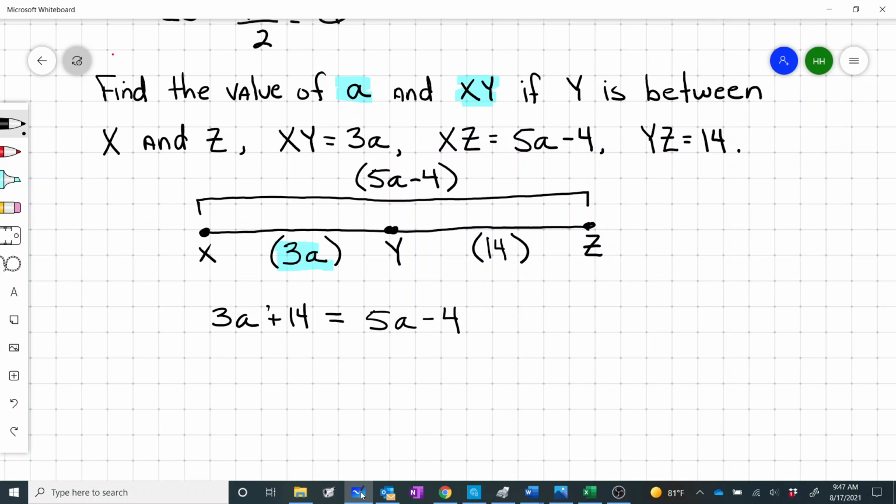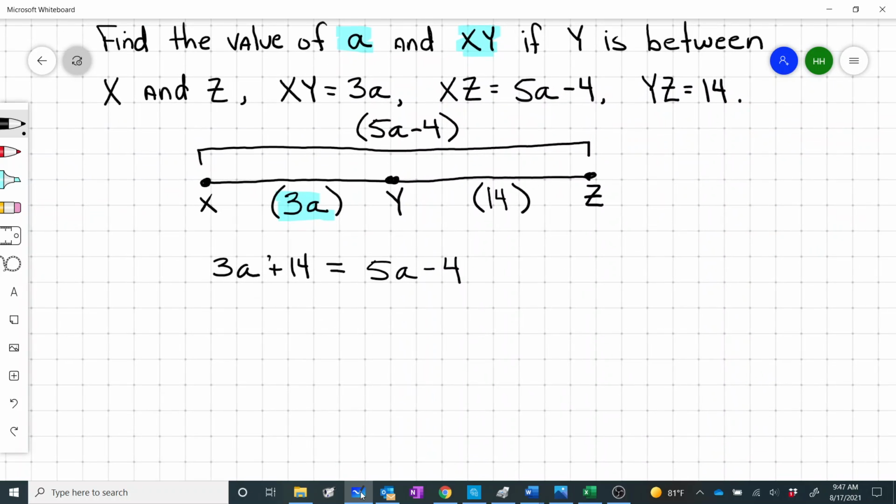Alright, so now we got to solve an equation for A. So subtract 3A from each side. This 14 is going to equal 2A minus 4. Then you can add 4 to each side.